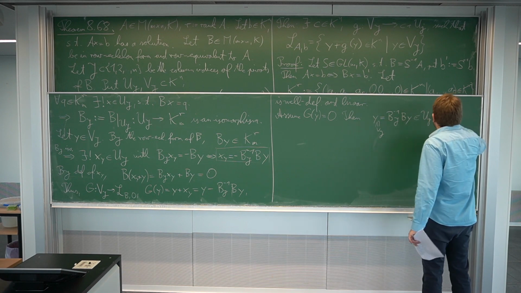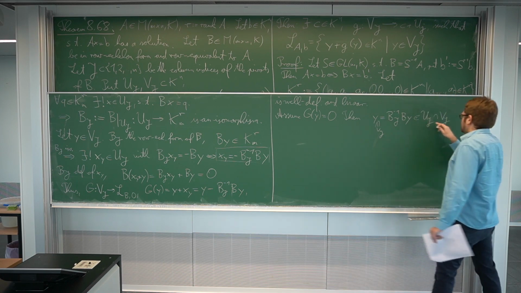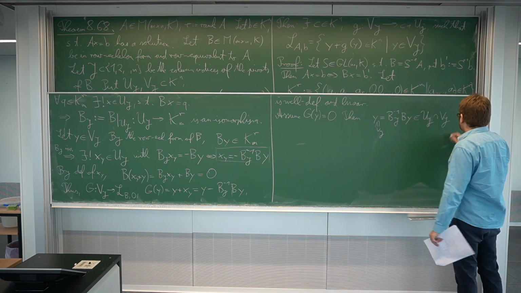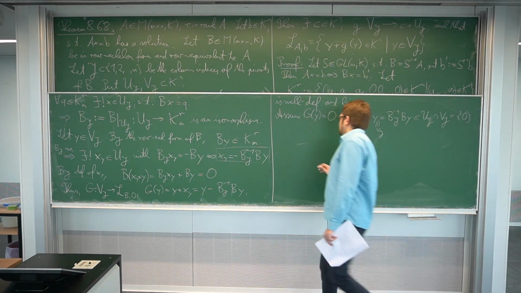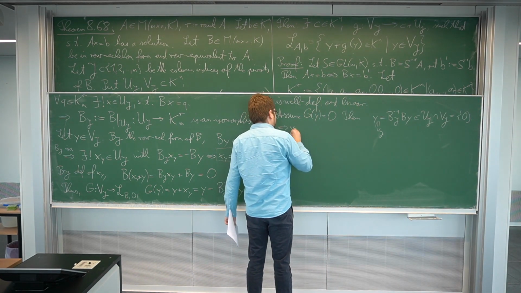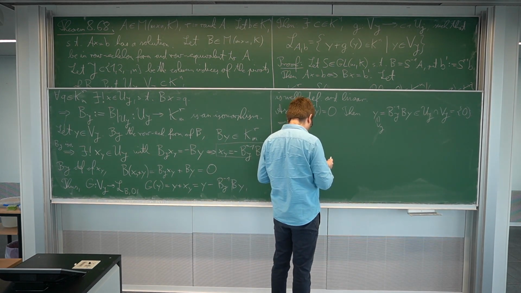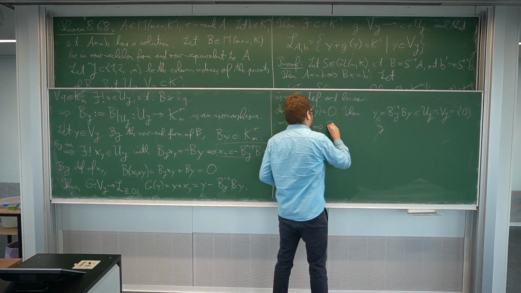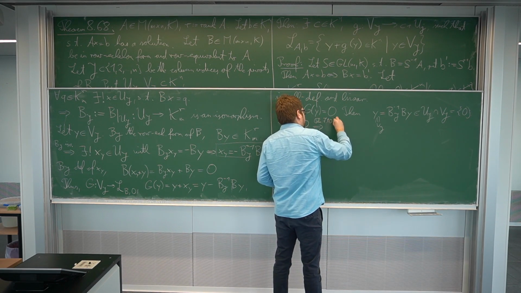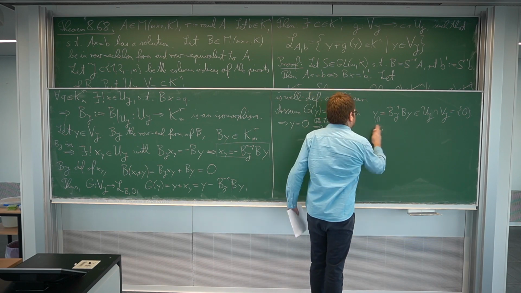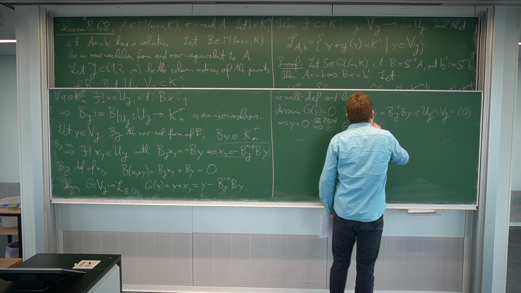So this must be in the intersection J of these two spaces, but if you take a look at the definition, this is just 0. So if G of y is 0, then y is 0, and so by our previous theorem, that was theorem 7.10b, G is injective.